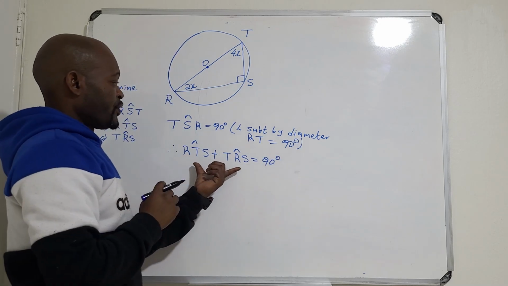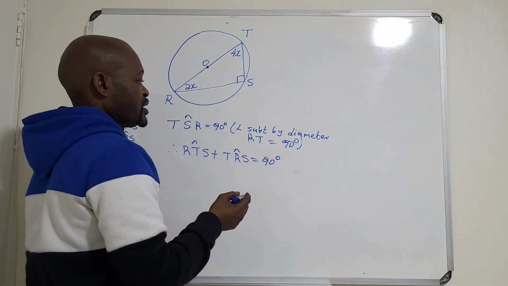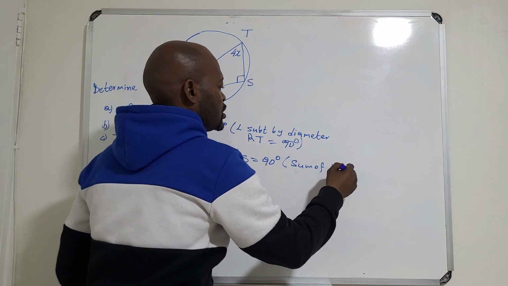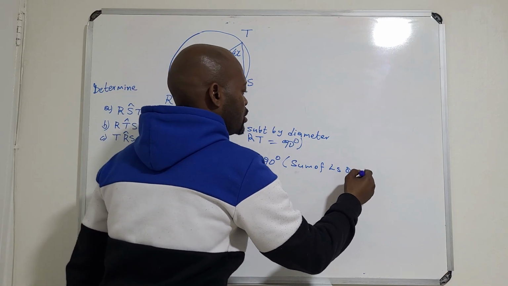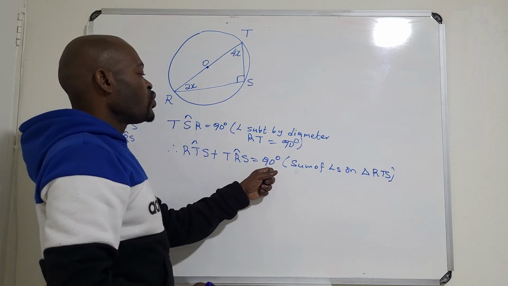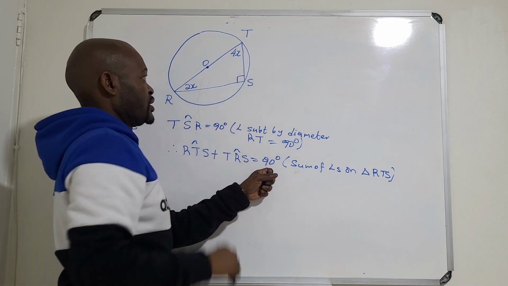Now, this is the sum of angles on triangle RTS. Obviously, we know that it is the sum because we know that this is 90 degrees.